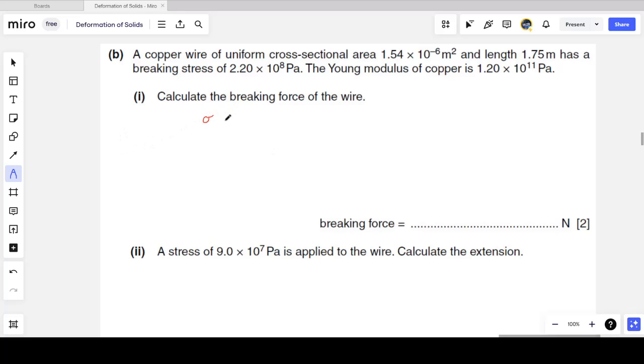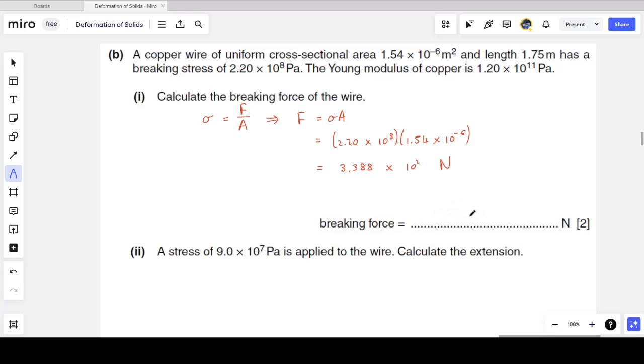So the equation for stress, which is sigma, is force per unit area, F over A, which means the force is equal to sigma times A. If I put values in, the breaking stress is 2.2 times 10 to the power 8 pascals, that's SI units, so that's fine, times the area also given, without any conversions needed, 1.54 times 10 to the minus 6 square meters, and what we get is 3.388 times 10 to the power 2, and that's newtons.